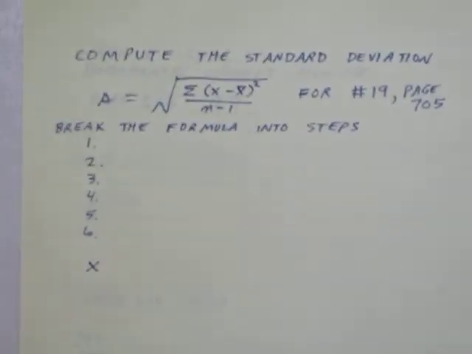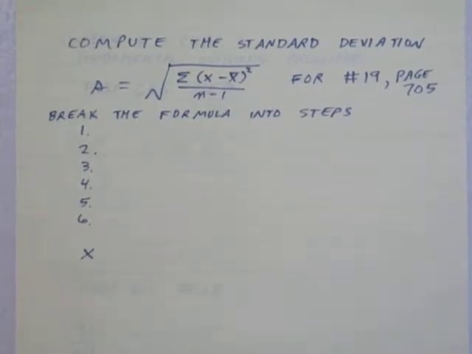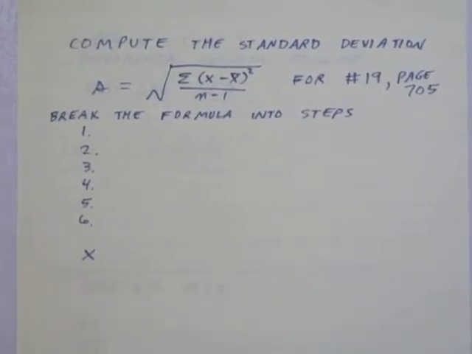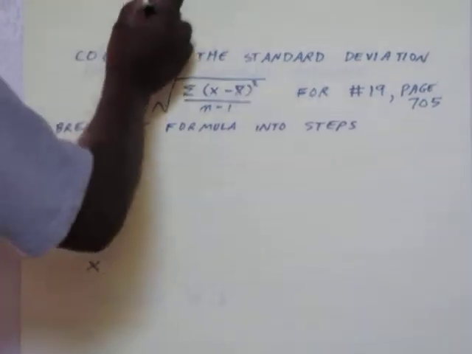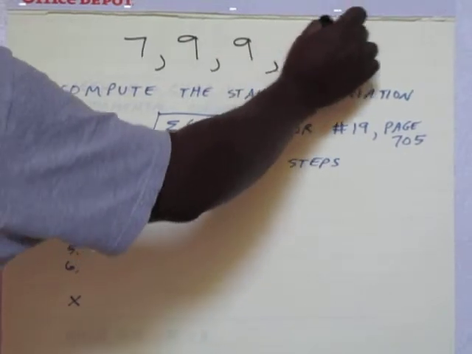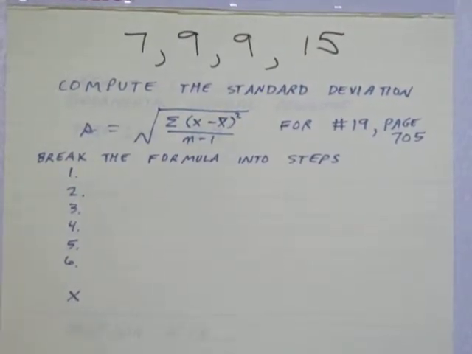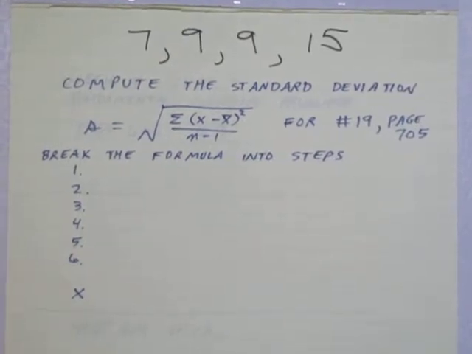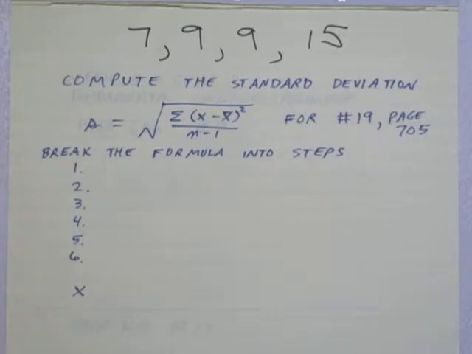We're going to compute the standard deviation for the numbers listed in problem 19. Those numbers are 7, 9, 9, and 15. It's a short list, but the technique will be the same no matter how many numbers are in your list.